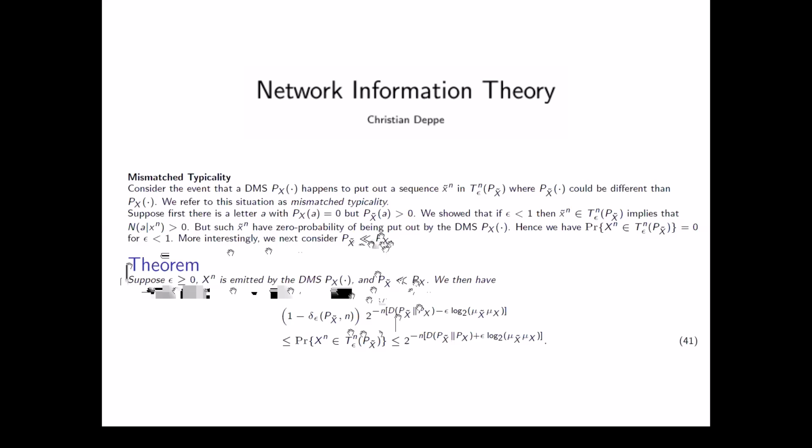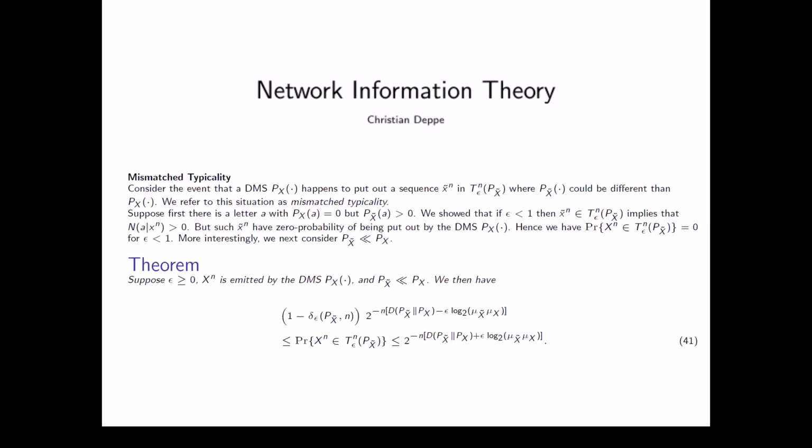Then we can estimate the probability that x^n is in the typical set of Px̃ by 2 to the minus n times the relative entropy between Px̃ and Px. And this term goes to 0, as you see. So we can really estimate this probability by 2 to the minus n times the relative entropy of Px̃ and Px. We want to prove this now.